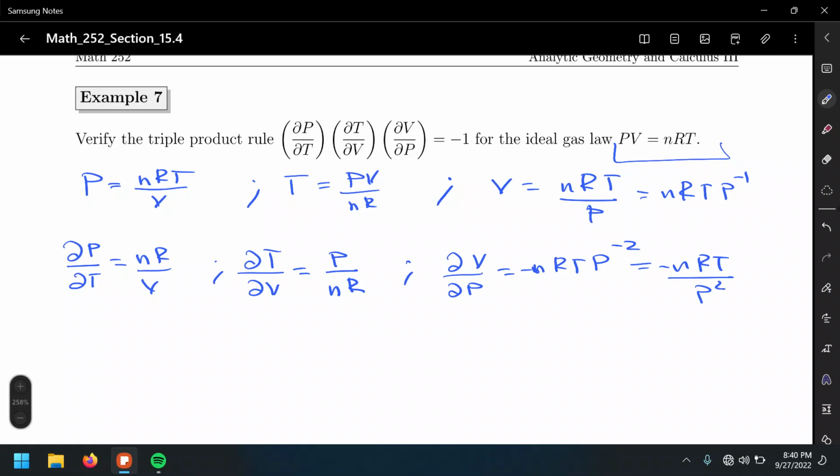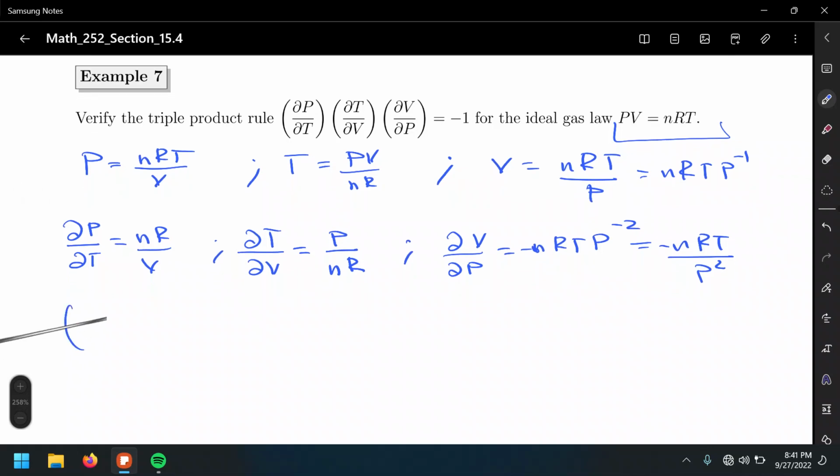All we're going to do is substitute where it corresponds in the cyclic rule. That is, partial P with respect to T times partial T with respect to V times partial V with respect to P equals -1. We're going to put all this together and something pretty cool is going to happen.